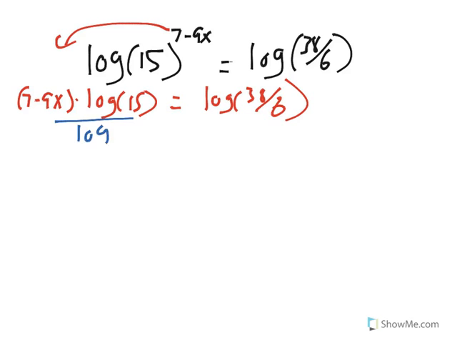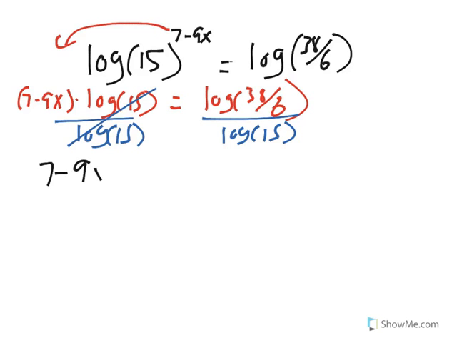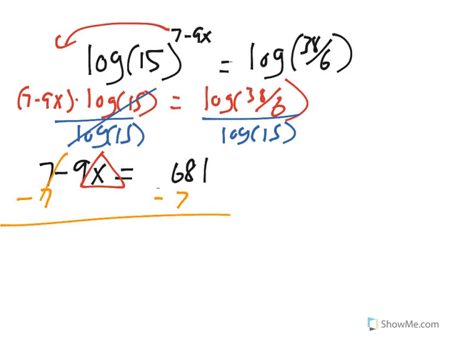I'm going to divide that log of 15 over. It's just going to be some number, but I don't really care to figure out what it is. Slide that log of 15 over. And I'll get 7 minus 9x equals, it looks like about 0.681. And now I'm just going to keep solving for my variable x. So I do that by minusing 7. Cancels out.